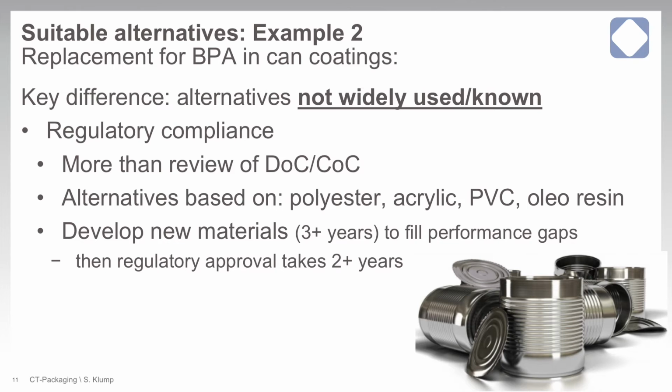So when it came time to pack in polyester, it was found that some of the foods really weren't suited. Once you get into something acidic, it starts eating through the polyester. We need to upgrade the technology. We need to develop new materials to fill in the performance gap. All of these previously used alternatives, PVC or oleo resin, which is the old resin that was around before BPA, apparently fell apart rather quickly, so you had very short shelf lives.